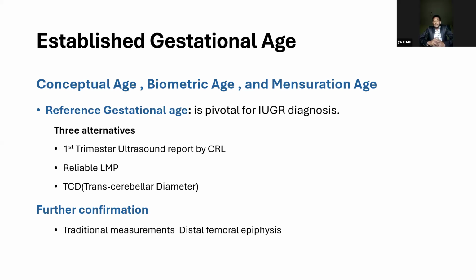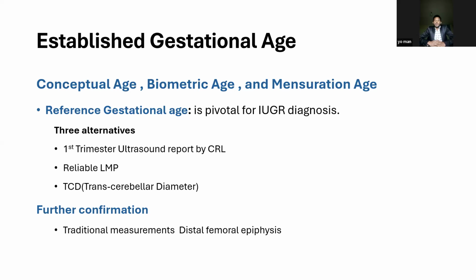The second is to obtain a reliable last menstrual period of the mother, but it's more difficult to obtain exact dates by using LMP because a lot of mothers may be unable to recall their LMP, and those LMP measurements are also affected by menstrual irregularities or myomas involving the uterus.